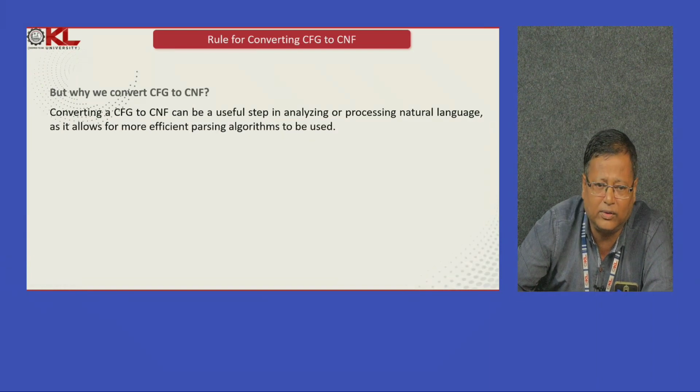Converting a CFG to CNF can be a useful step in analyzing or processing natural language, as it allows more efficient parsing algorithms to be used. Some parsing algorithms, like the CYK algorithm, use CNF, and for that we convert, and it is a normal form.